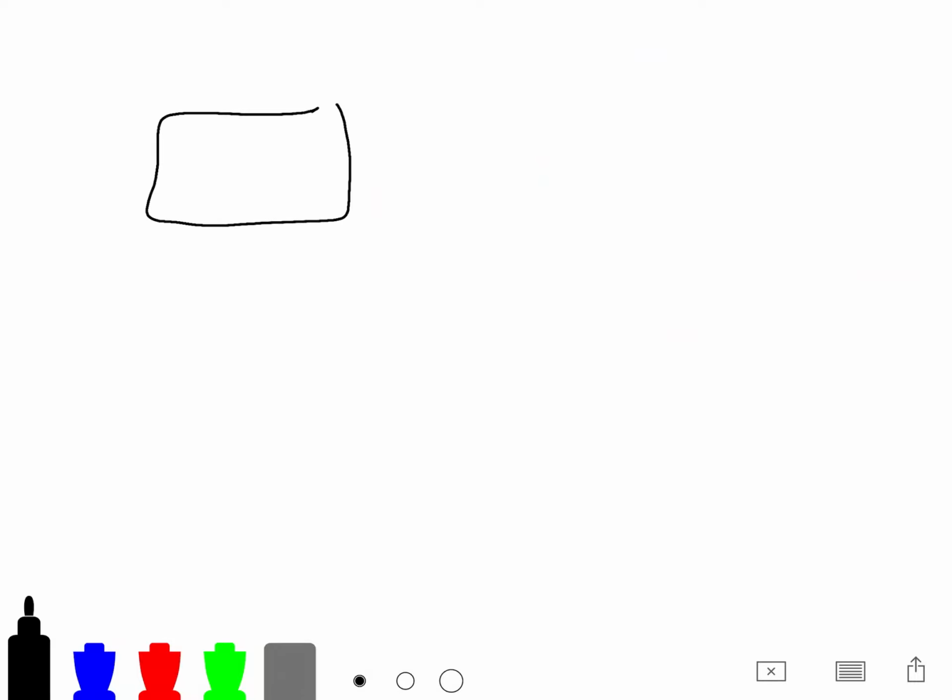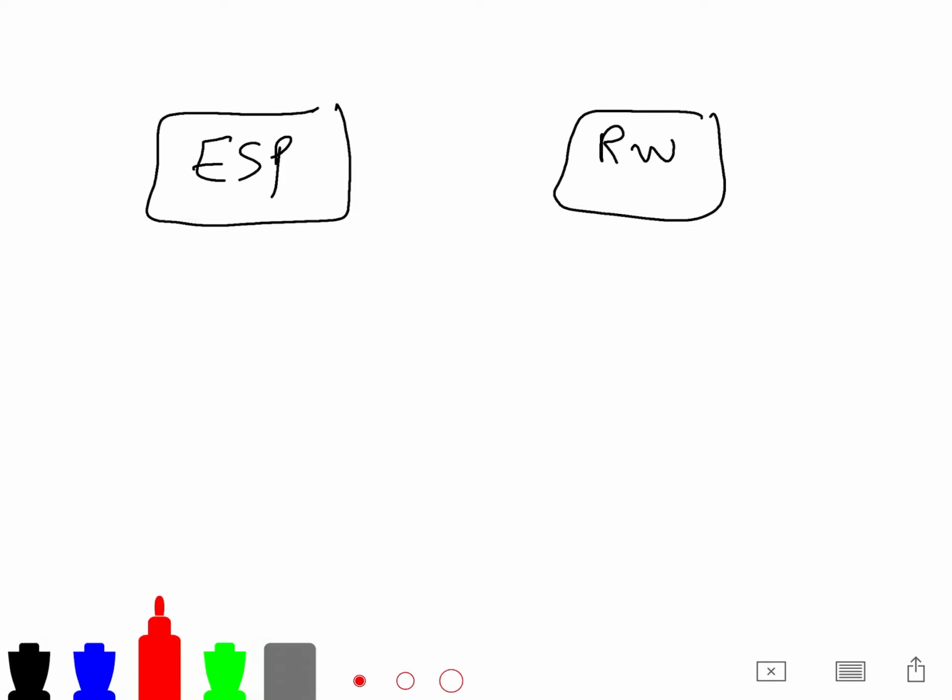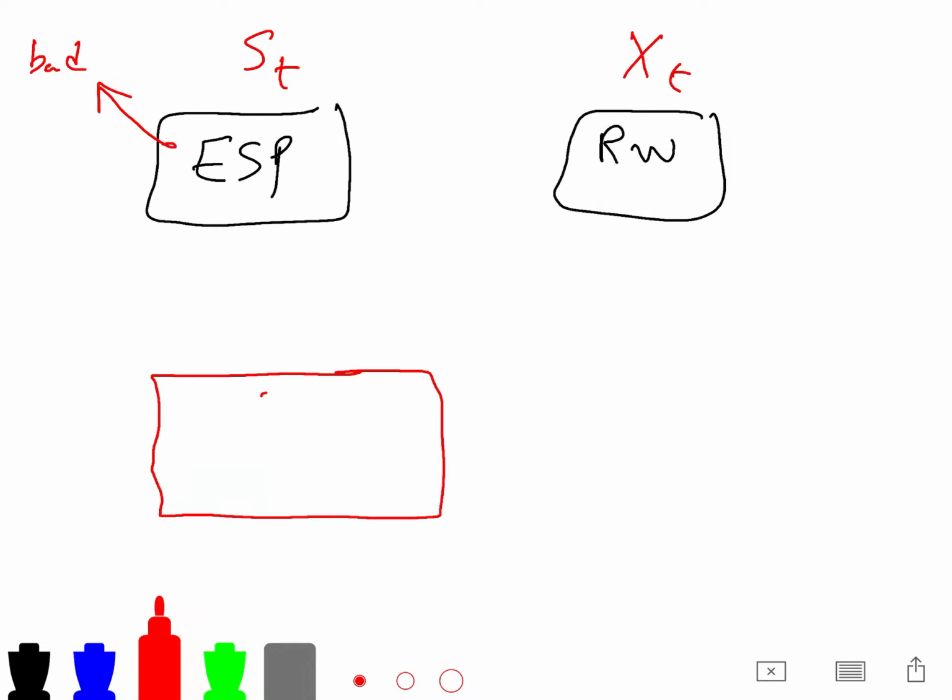So the big picture is that we have the evolving set process, but it doesn't have a coupling with the random walk. It may vanish. Your random walk has a process X_t, your ESP has a process S_t, but this may vanish. Bad. But the good one is the modified version, which is called volume biased ESP.